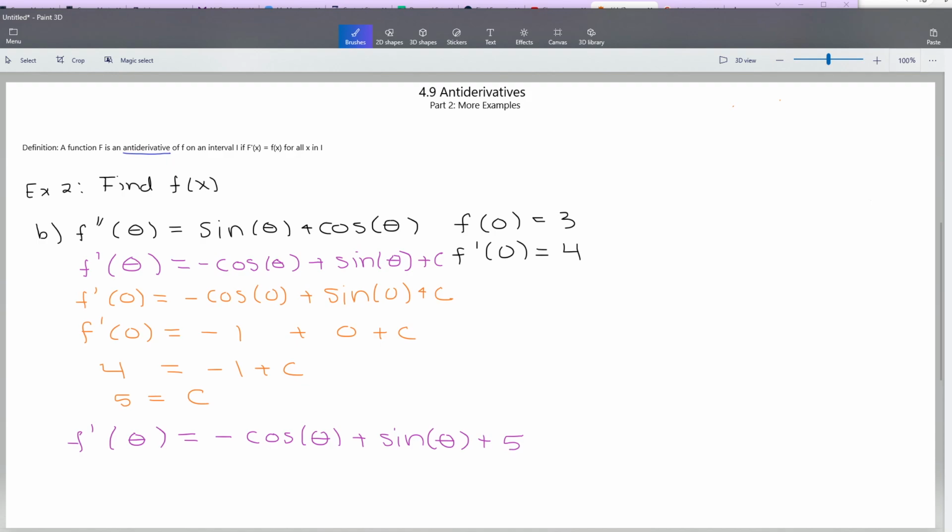So once I have the first derivative, when you look at the question, it says to find the original function, f of x. So I'm going to find the antiderivative again. The antiderivative of cosine is just sine, so this minus sign is this one.